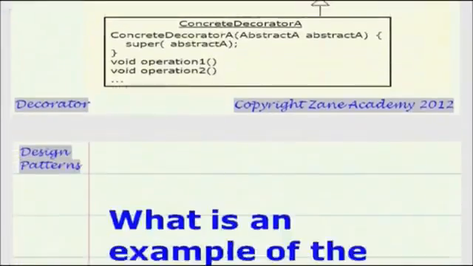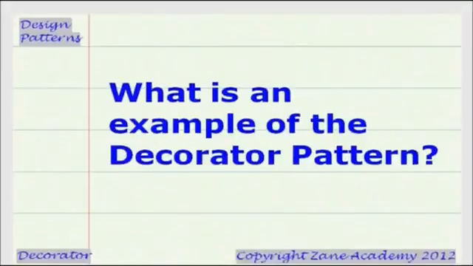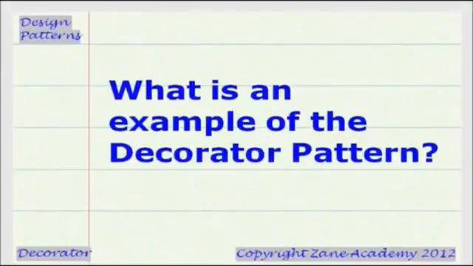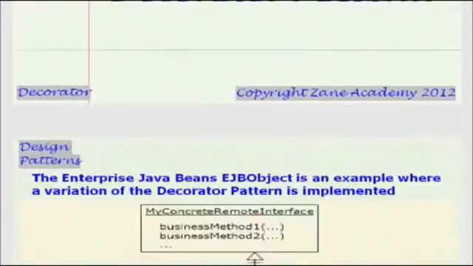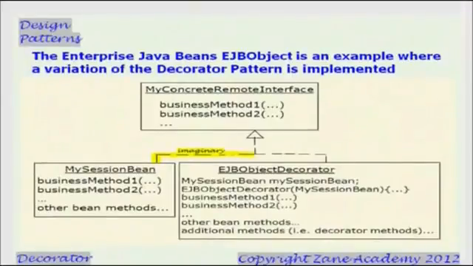And for now, let me go ahead and show an example of the decorator pattern. So what is an example where the decorator pattern is used? An example where this is the case is in enterprise Java beans.